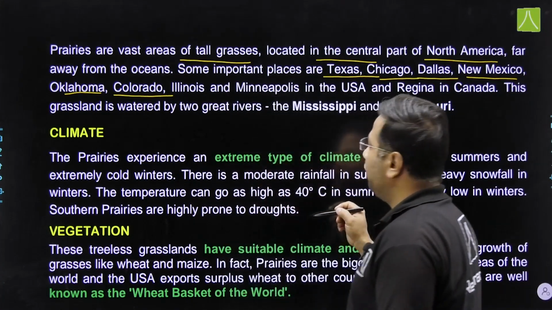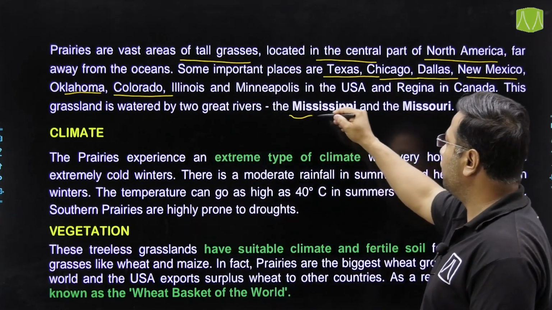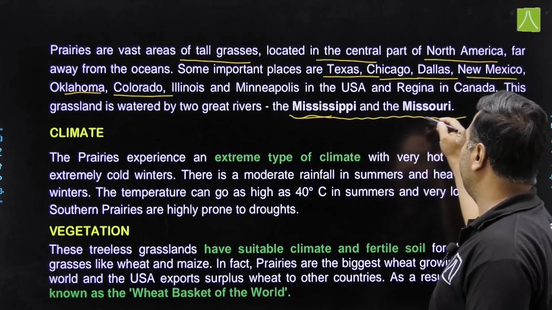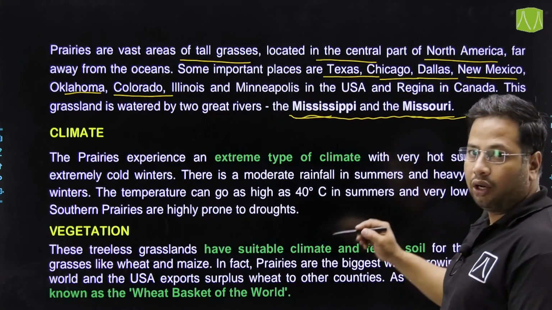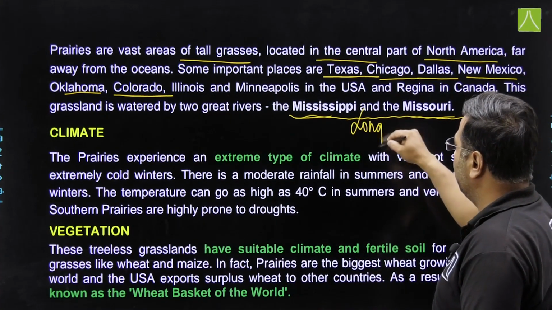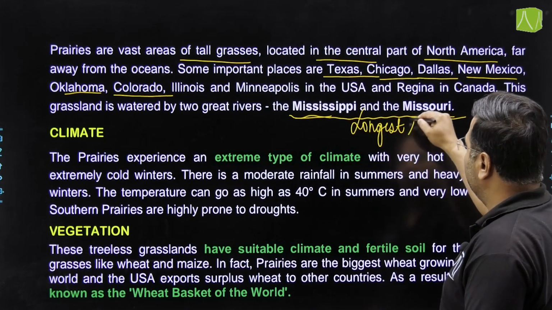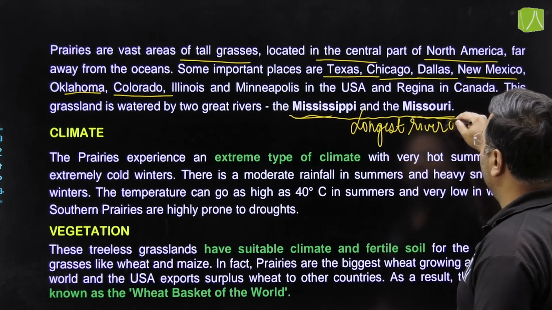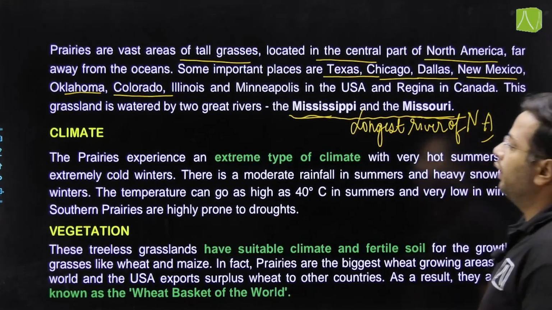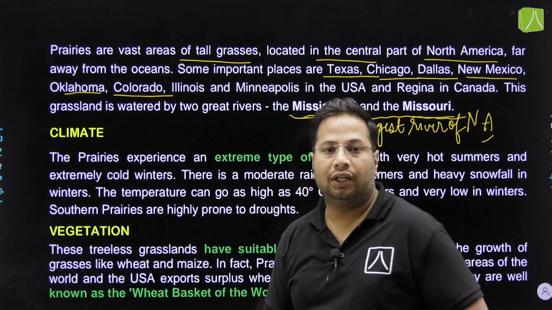Now these are the main rivers which drain this area. One is Mississippi, another one is Missouri. This Missouri is actually the longest river in North America.